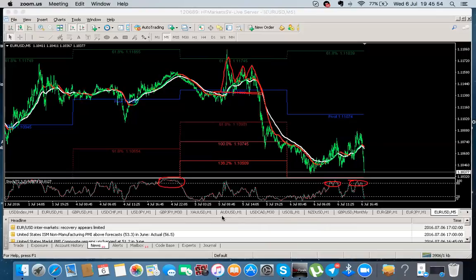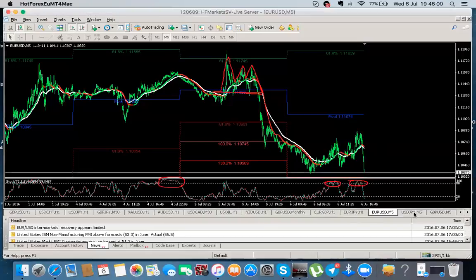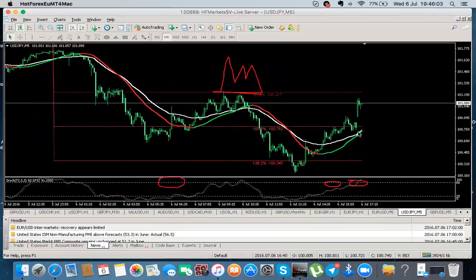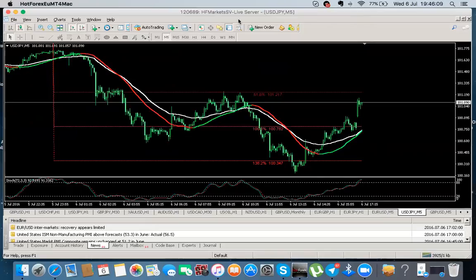on US dollar versus yen, the stochastic was oversold and the pattern was really nice. If you see here, I saw this pattern and it broke above the structure and it was oversold, right?